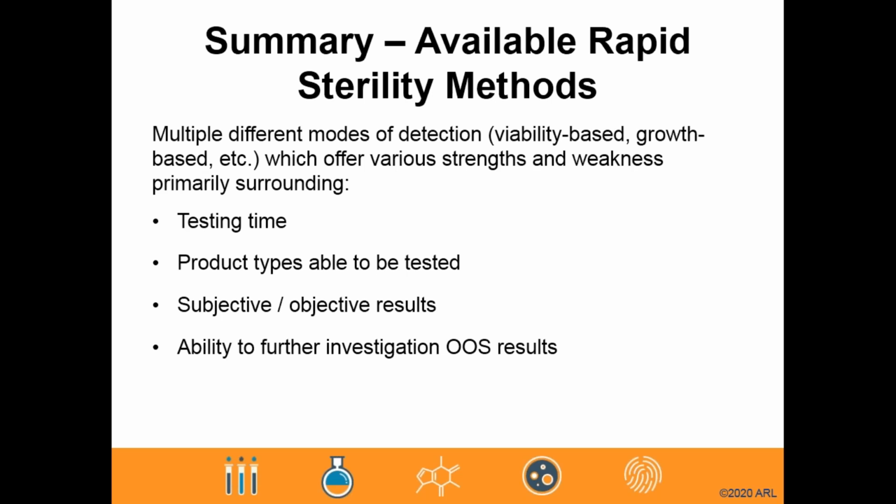Is the microorganism able to be identified once contamination is expected? These are all factors to take into account when deciding which rapid sterility testing system best meets your needs.